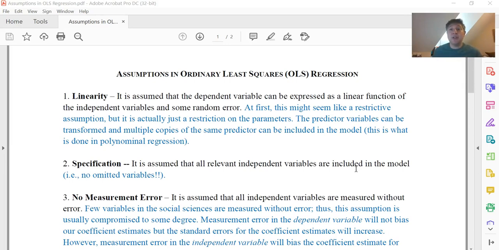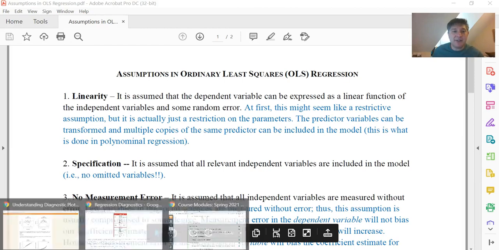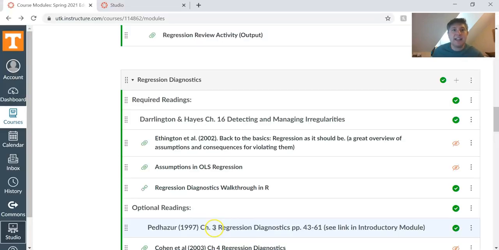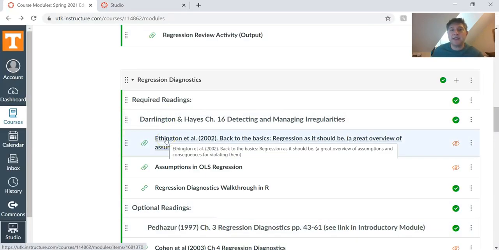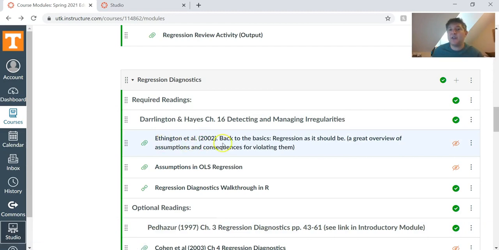For a really good and thorough overview of the assumptions in OLS regression, I would highly recommend reading the Athington article, Back to the Basics, Regression as It Should Be. She does a really good job, I think, of walking through each one of the assumptions in OLS regression and the consequences for violating those assumptions.